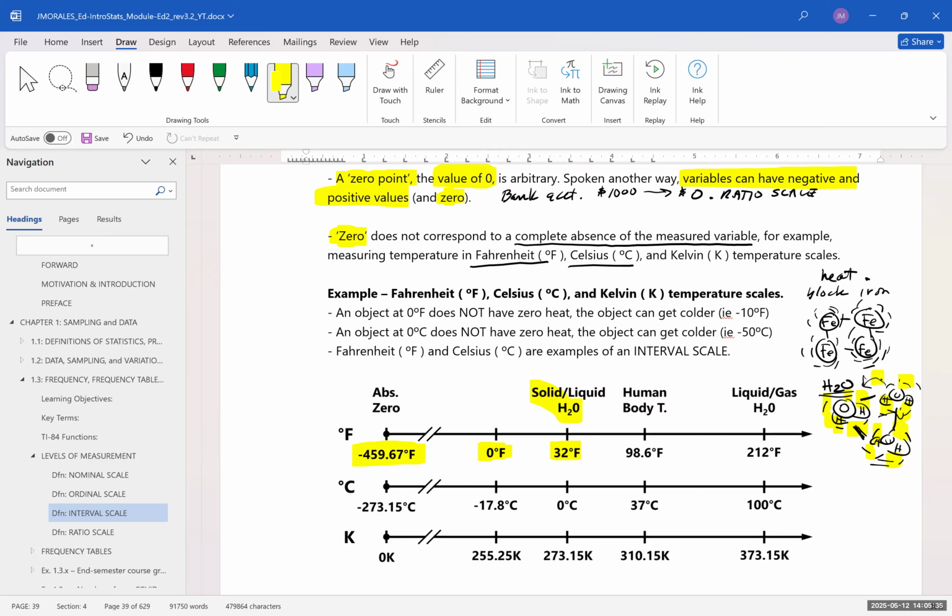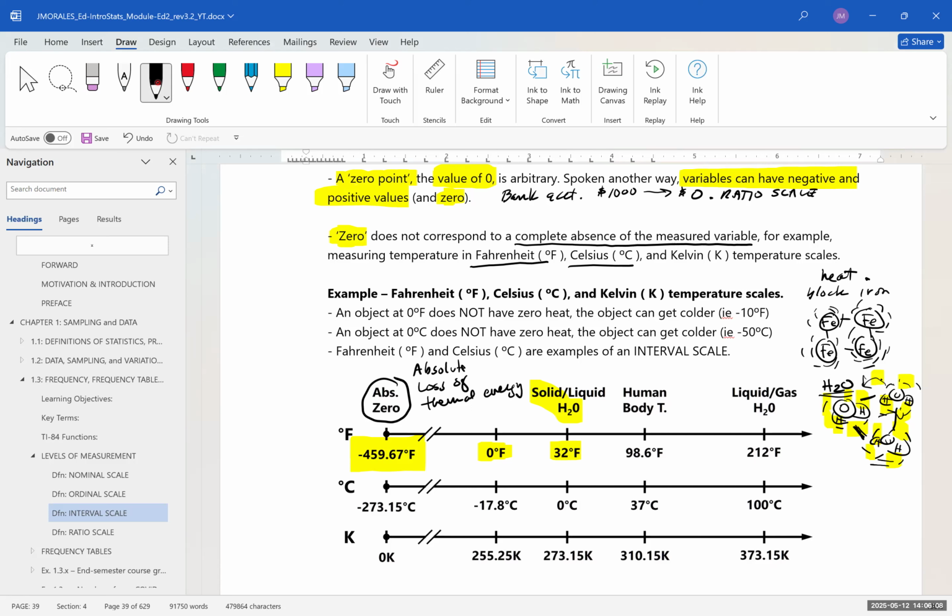If you were to get something cold enough, to negative 459.67 degrees Fahrenheit, what that means is you're at absolute zero. Absolute zero means a complete loss of thermal energy.